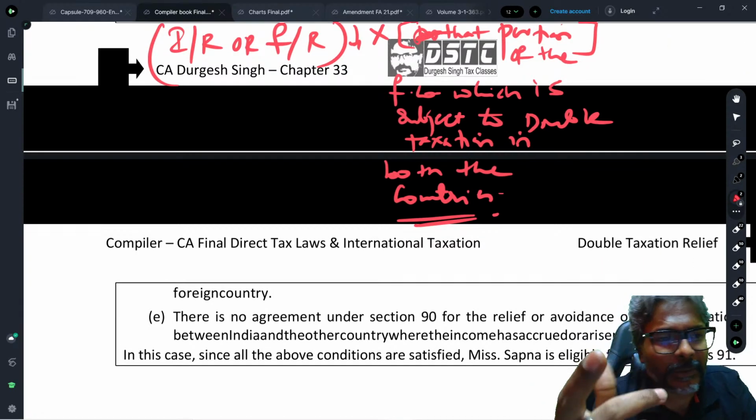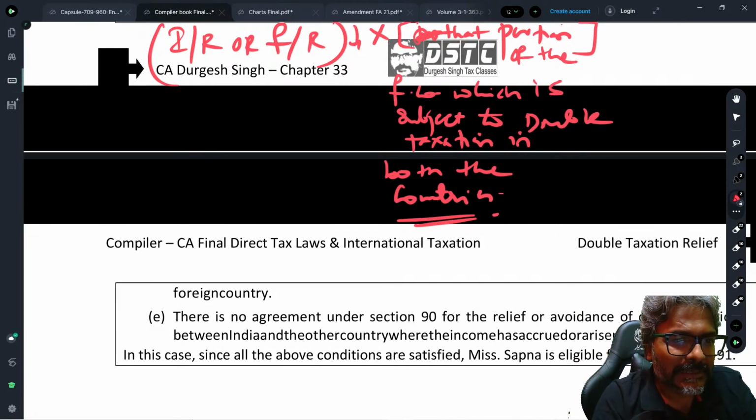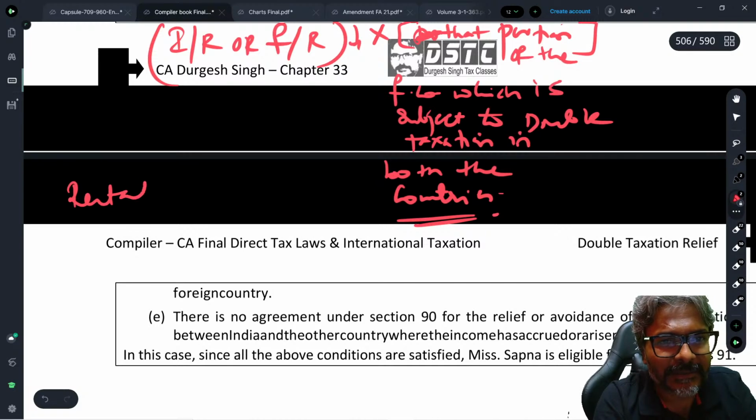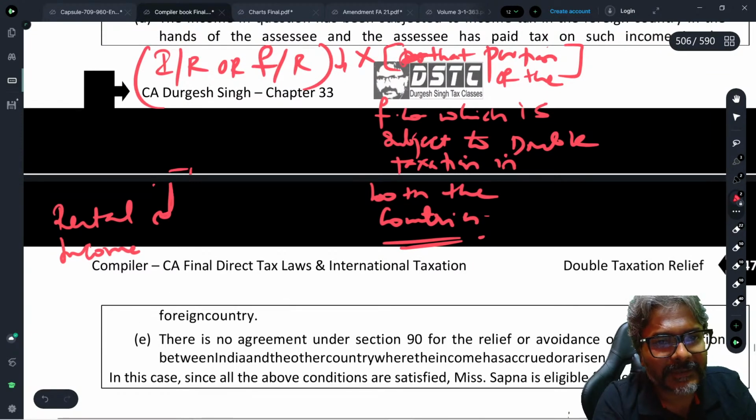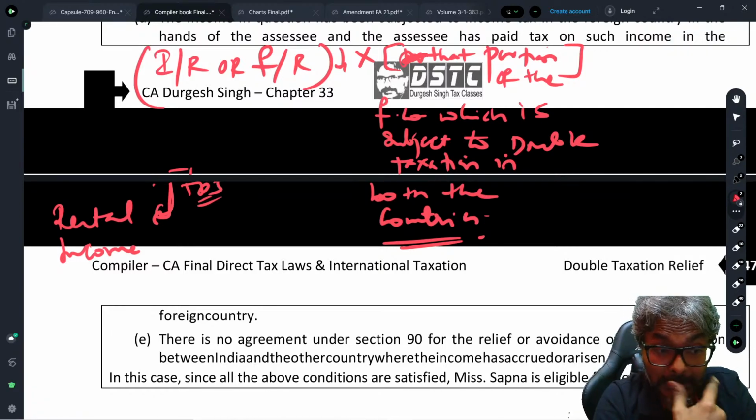Now, again, a quick example. Students, like for example, the rental income earned in the foreign country, in that foreign country they have deducted the TDS. Yes, it is available, Abhishek.